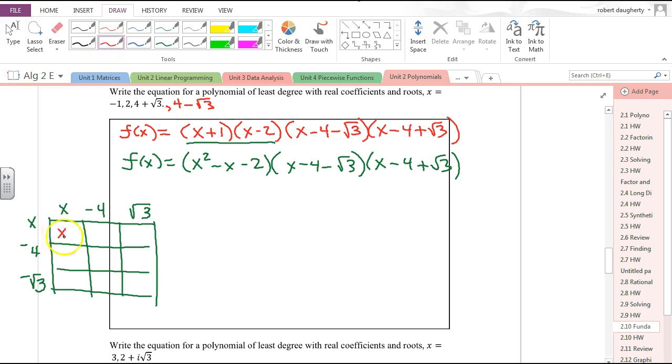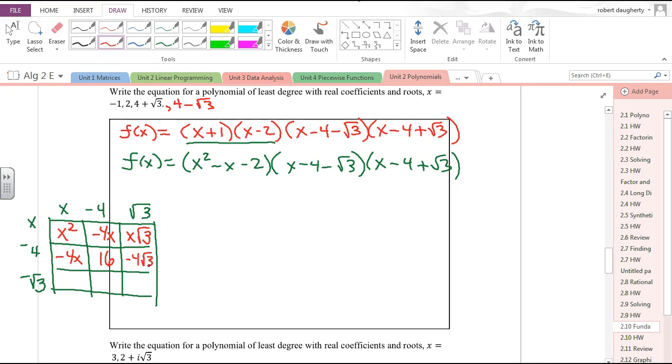X times x, that's x squared. X times negative 4, that's negative 4x. X times root 3, that's just x times root 3. Negative 4 times x, that's negative 4x. Negative 4 times negative 4, 16. Negative 4 times the square root of 3, that's a negative 4 root 3.